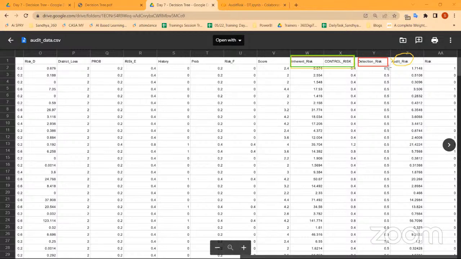So it's all about financial statements, right? If there is an error or an omission of any character, digit, or number in the financial statements, then we call it an inherent risk. There might be many influencing factors for it. It can be due to the failure of the internal control as well.